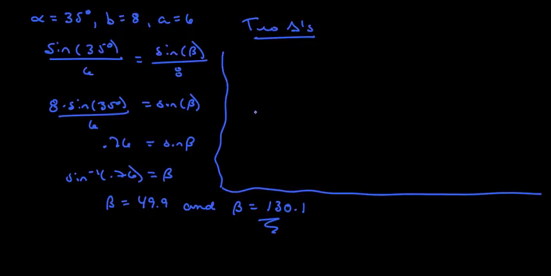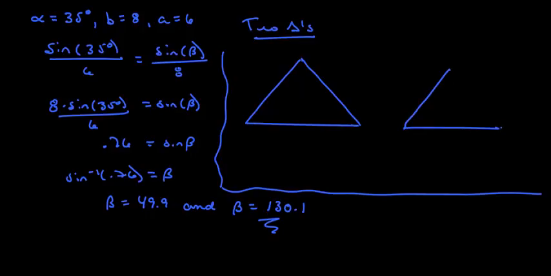Okay, so triangle 1. Okay, and we'll draw triangle number 2 over here. I'm going to make them look the same. It's really irrelevant. So 35 degrees, 49.9 degrees, and 130.1 degrees.